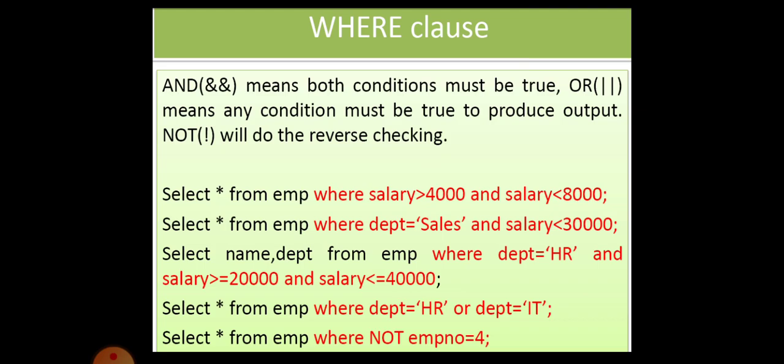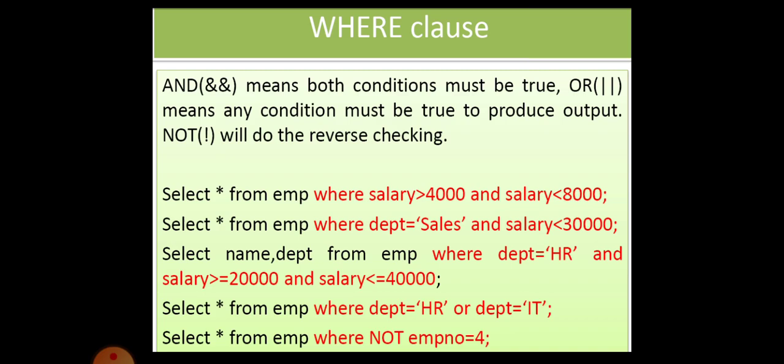Both the values 4,000 and 8,000 will be excluded. If you want to include 4,000 and 8,000, we have to give where salary greater than or equal to 4,000 and salary lesser than or equal to 8,000. So both the values will be inclusive in the range.